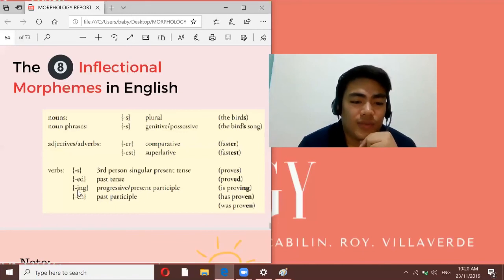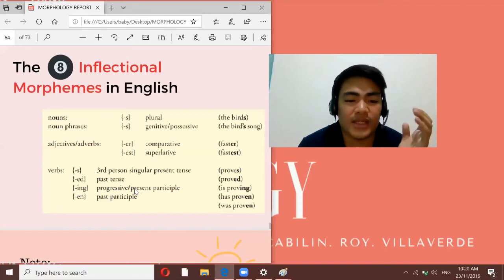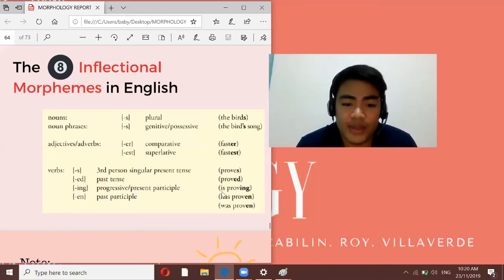And then we use the inflection ing for progressive and present participle forms of the verb, like in this case, is proving.